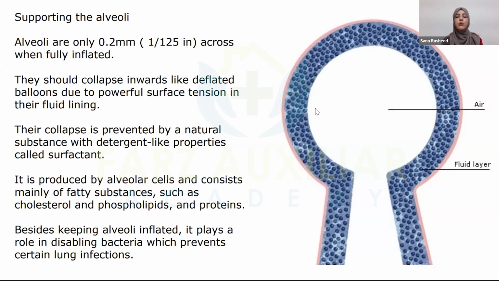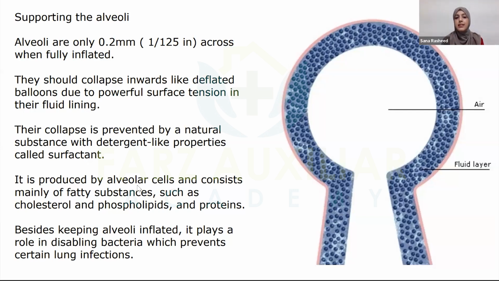And that's exactly what happens in premature babies who do not have adequate levels of surfactant. Hence, the alveoli do not open up properly and they go into respiratory distress. So surfactant is very important to keep the alveoli open.